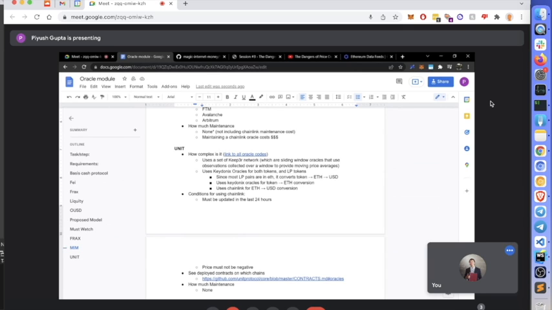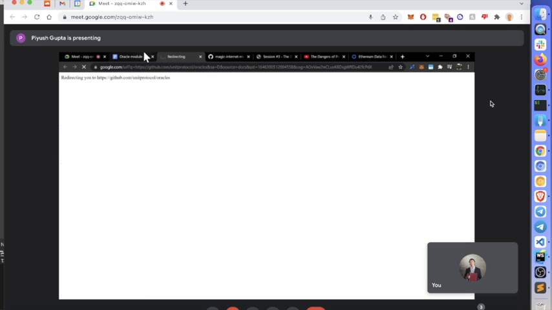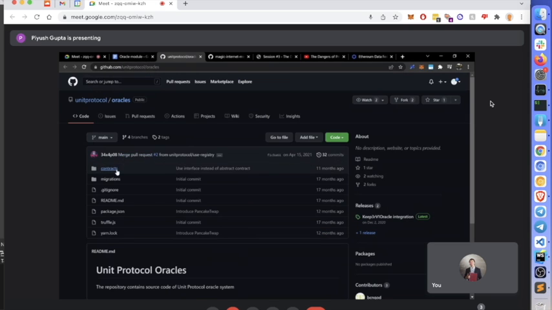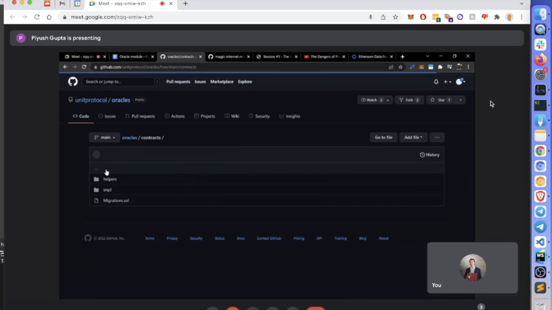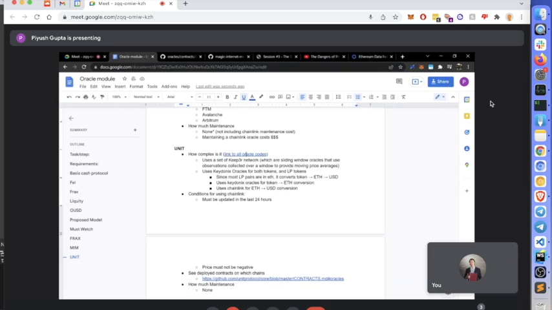Yes. Coming to Unit Finance, they use a set of, in fact, I can also open this. This will be helpful. They have three types of contracts. One of the more important ones, at least they have the contracts for it, is the Keeper network.